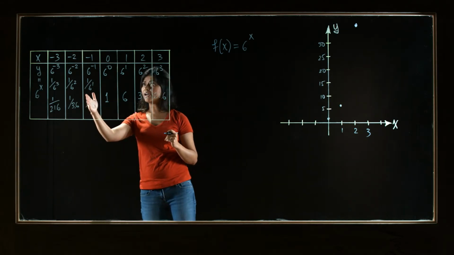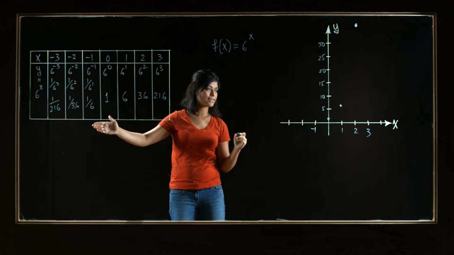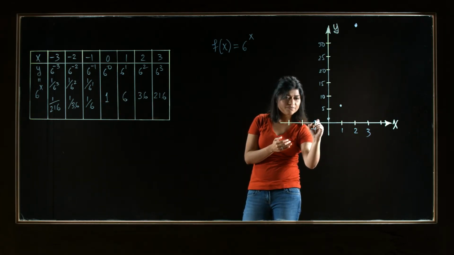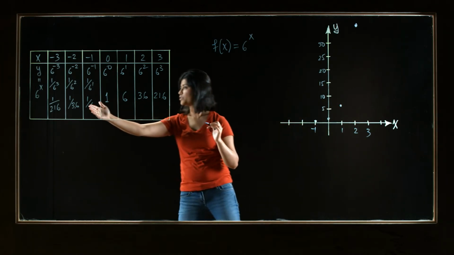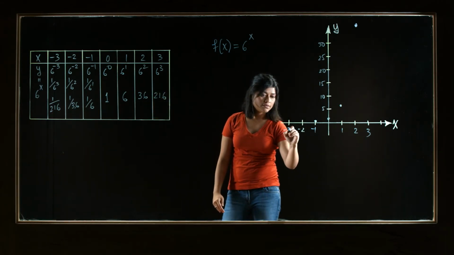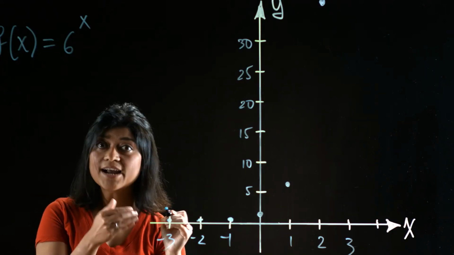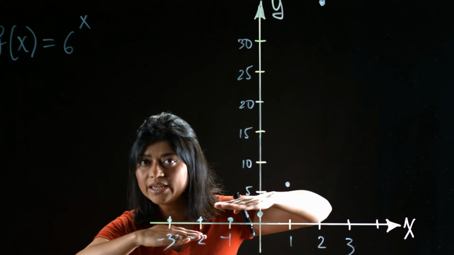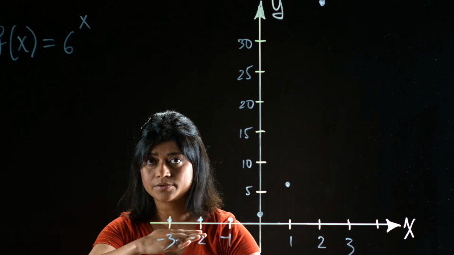On the left-hand side, at -1, the function value is 1/6. Again, notice it's kind of difficult to plot 1/6. It will be very, very close to the x-axis. And then further, those other points, 1 over 36 and 1 over 216. It's difficult to draw the exact points, but you get the idea that the graph of the function will get really close to the x-axis, but it will never touch it and it will never cross it.